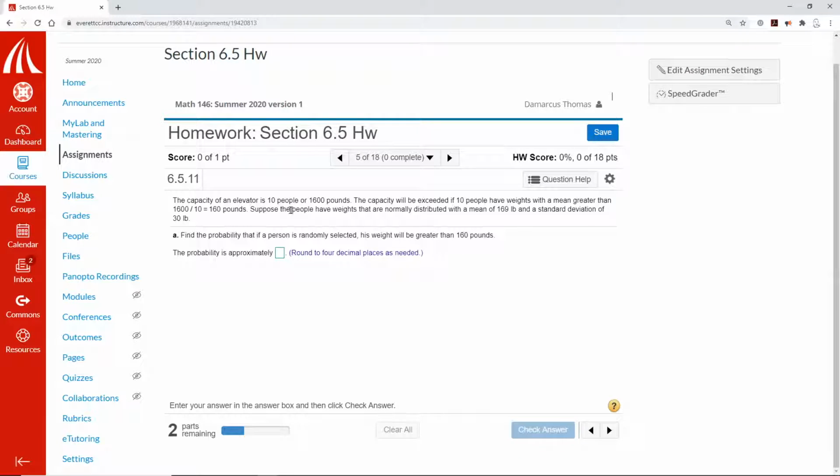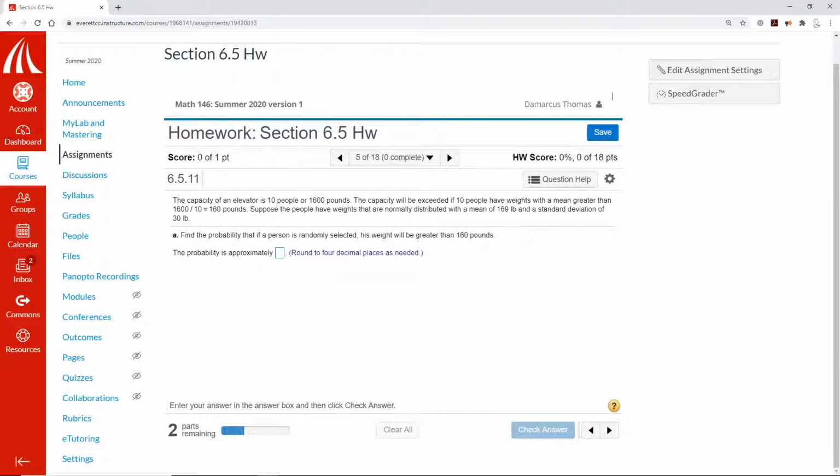So suppose the people have weights that are normally distributed with a mean of 169 pounds and a standard deviation of 30 pounds. So the first question is, find the probability that if a person is randomly selected, his weight will be greater than 160 pounds.